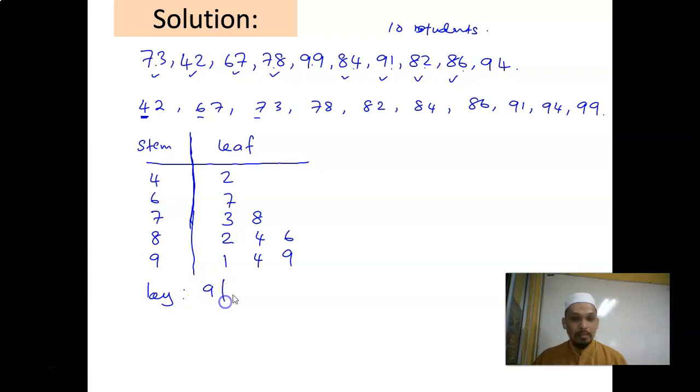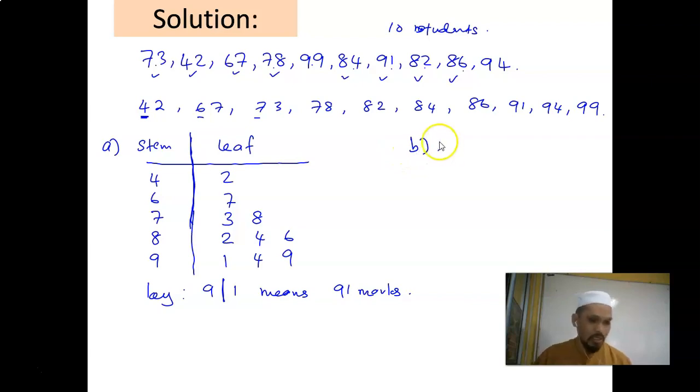So 9 here means 91 marks. So this is the solution of question A. Question B, let's read the question again.